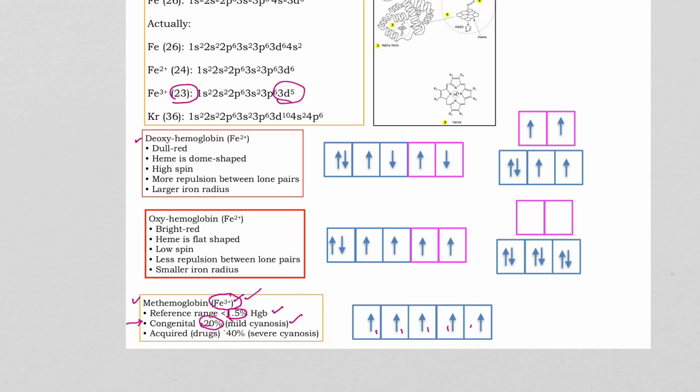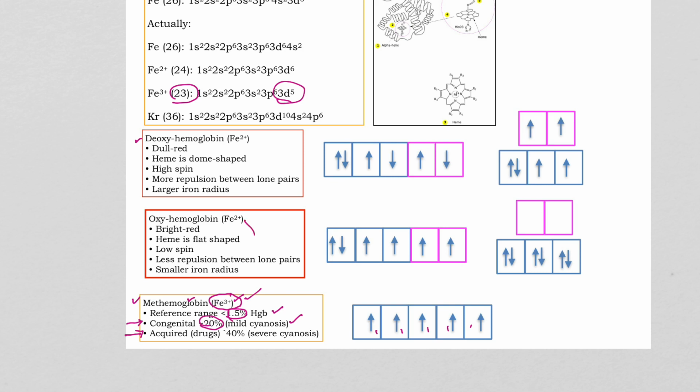The symptoms are mild to severe, and of course, because hemoglobin is important for energy transfer, these symptoms appear because of the lack of energy. There are some drugs, including nitrates and nitrites, that can cause your hemoglobin to become methemoglobin.